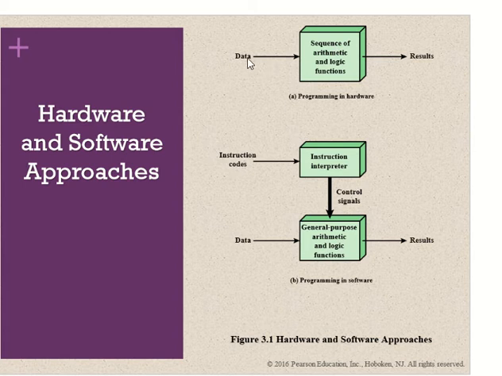You give data to that computer, and because it is designed that way, it takes input and produces output for a particular operation. So that is programming the hardware. For example, only multiplication or only addition. That is programming in hardware.